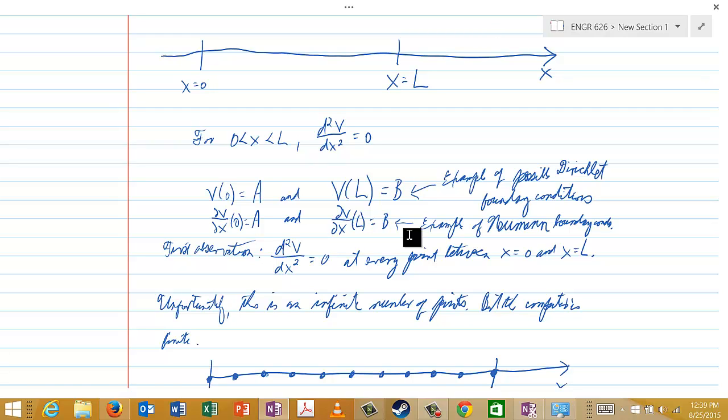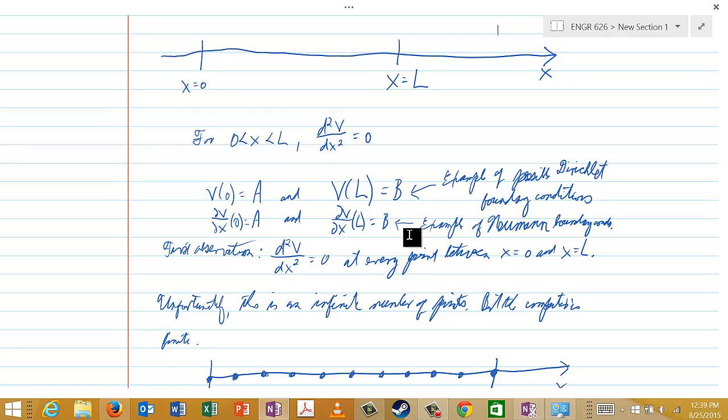We can also have mixed boundary conditions, where it is a boundary condition that involves both the function itself and its derivative. So all of these kinds of situations can arise in practice.